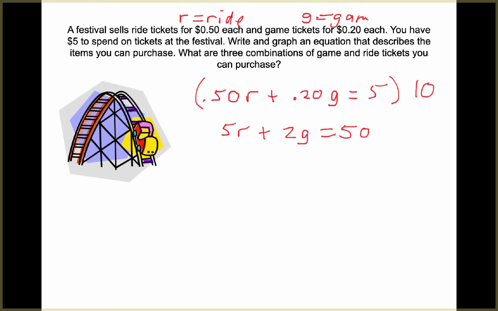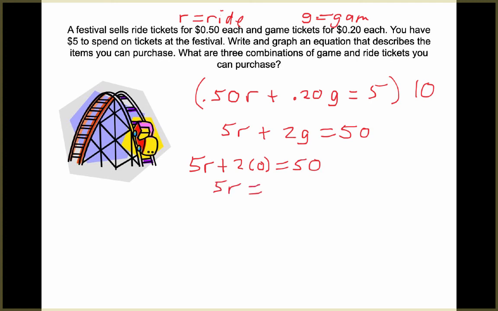And now we are going to solve for our different combinations of tickets that would work. When we have an equation like this, one of those things that's nice is we can see if our x and y intercepts, or in this case our r and g intercepts, work. So to find our first value, we're going to plug in g is 0 and see how many ride tickets. If all we did is went on rides and played no games, how many rides could we go on?